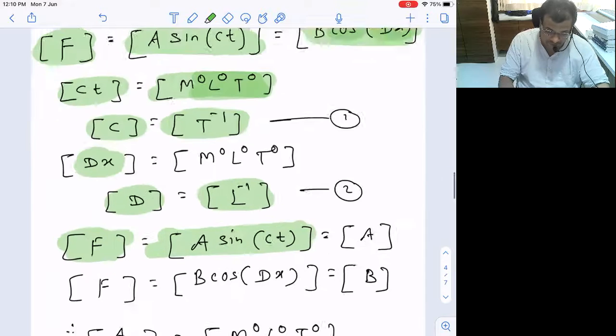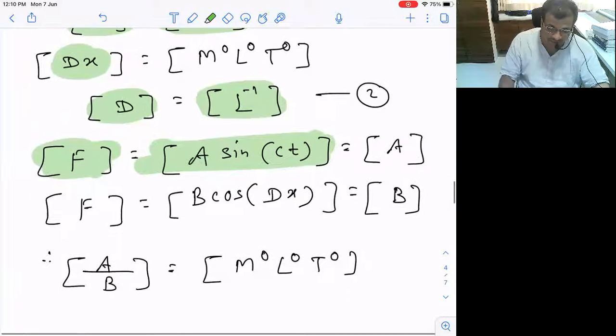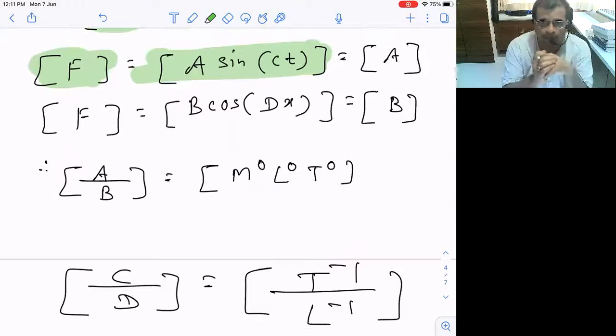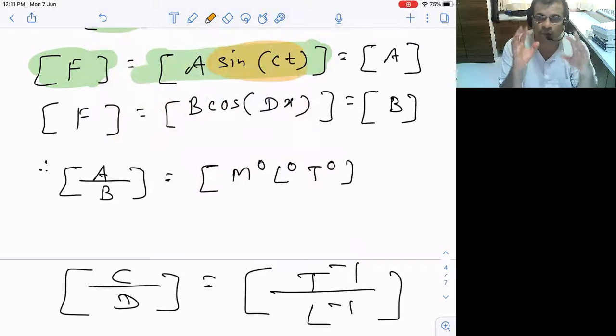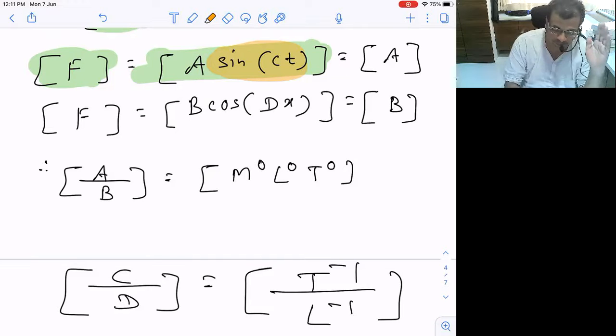Notice that when we write the dimensional equation, we should understand it very simply: this sin of ct, what is it, friends? It is a trigonometric ratio. If it is a trigonometric ratio, like sin theta, tan theta, cos theta, then it is a pure ratio, meaning length divided by length. Therefore the dimensions of A sin(ct) must be equal to the dimensions of A. This is similar to the argument.